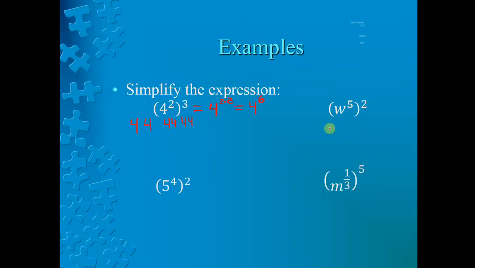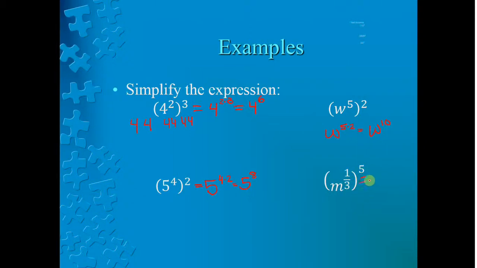W to the 5th to the 2nd, well, we're just going to multiply. We're going to get W to the 10th. Multiply here, 4 times 2, 5 to the 8th. Now, don't be afraid that there's a fraction here.